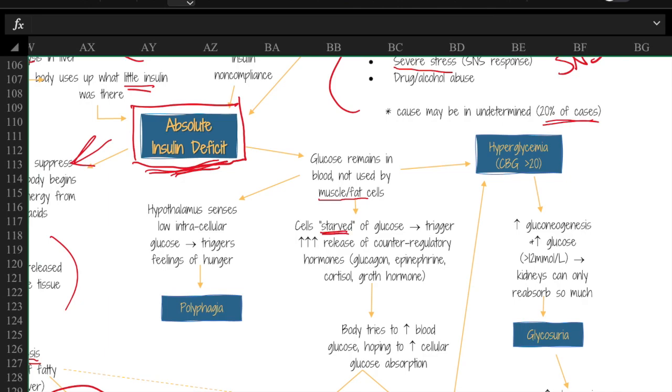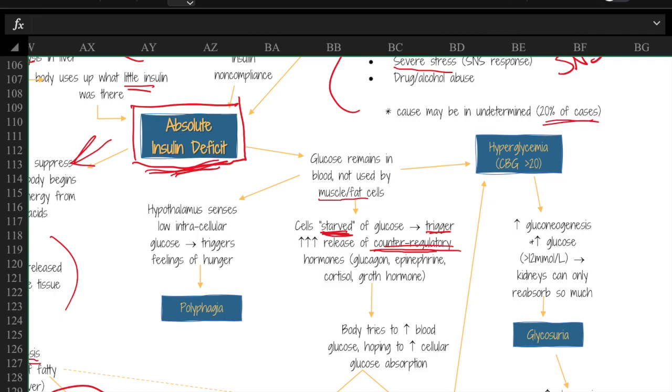And that is what triggers the release of even more counter-regulatory hormones. Again, because your cells think they don't have enough glucose, so we need more glucose. And what hormones in the body are responsible for taking glucose out of where it's been stored and putting it back into the blood?